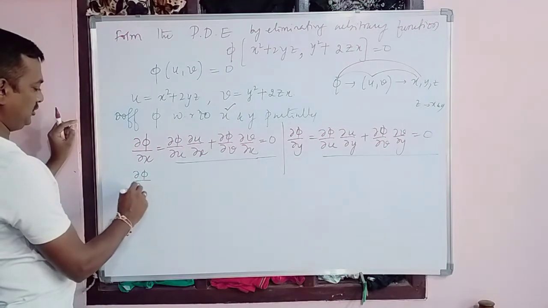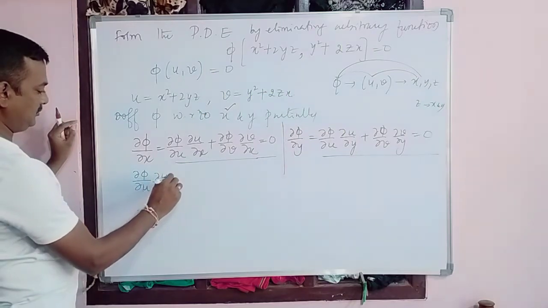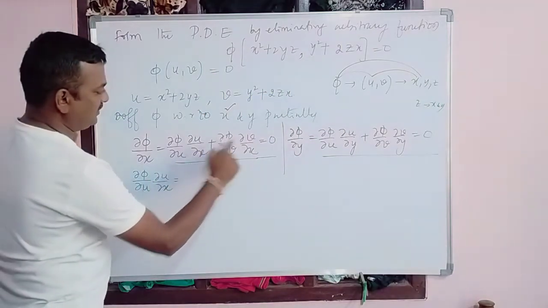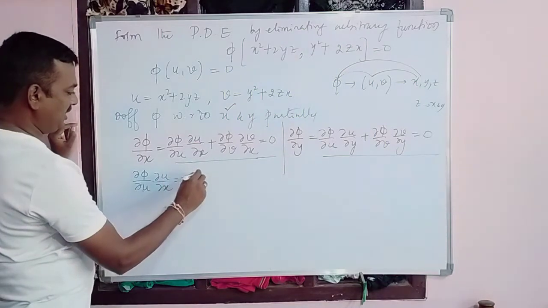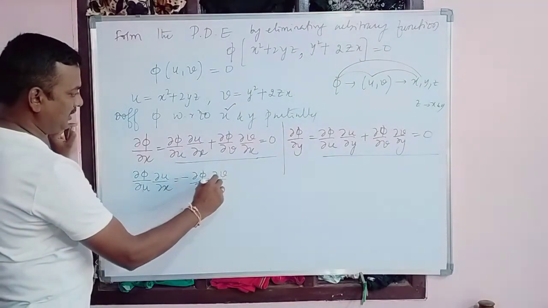What is dou phi by dou u into dou u by dou x? Transform this plus to the right side: minus dou phi by dou v into dou v by dou x.